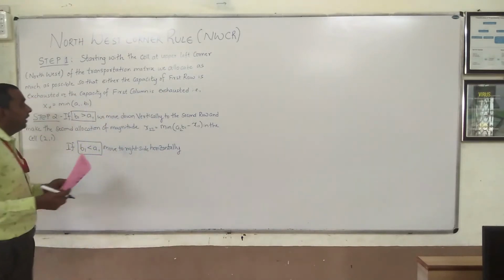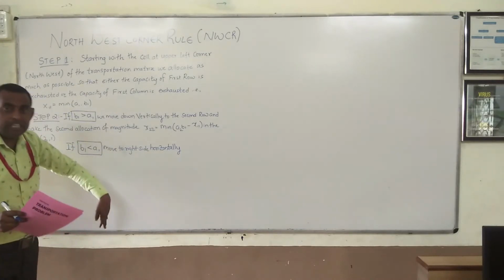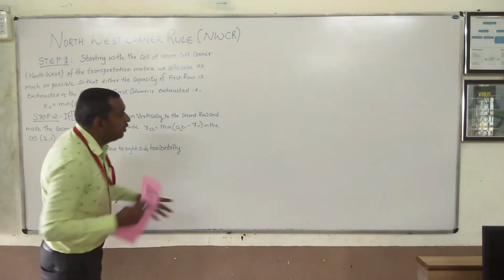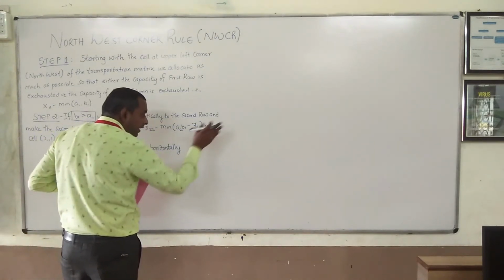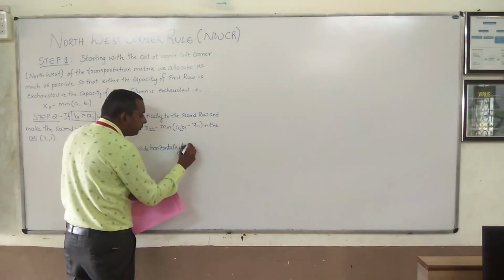It means, if B1 is greater than A1, move down vertically. If B1 is less than A1, move to the right side, horizontally to the second column.